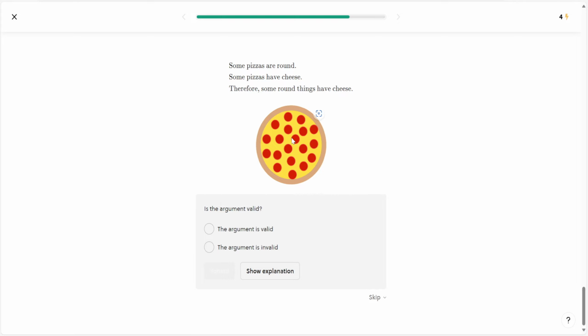So, some pizzas are round, some pizzas have cheese. Therefore, some round things... No, it's saying some, not all.